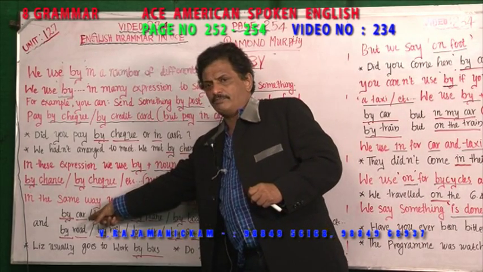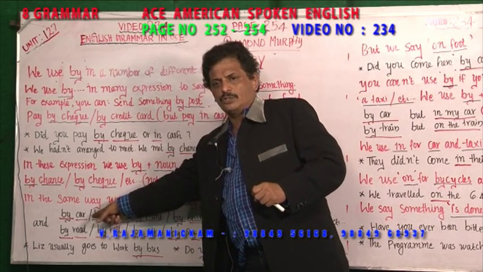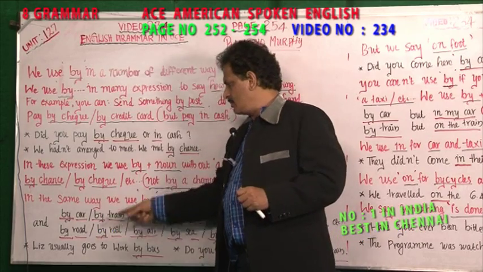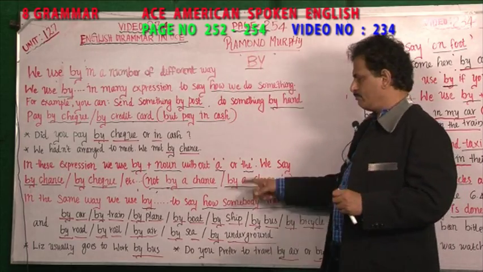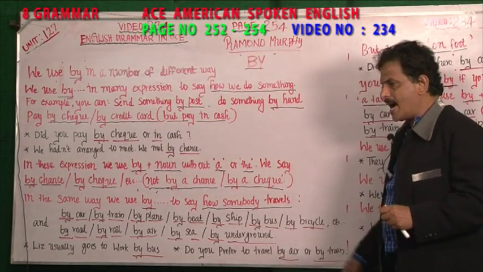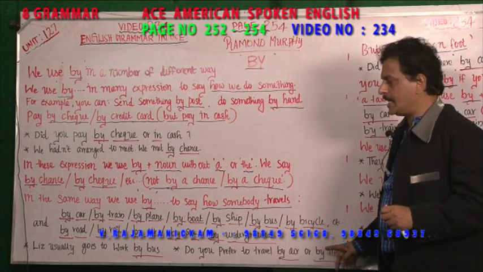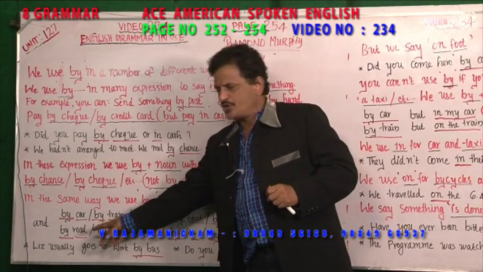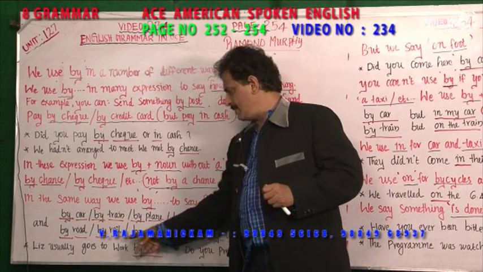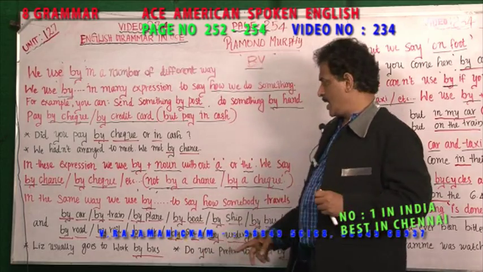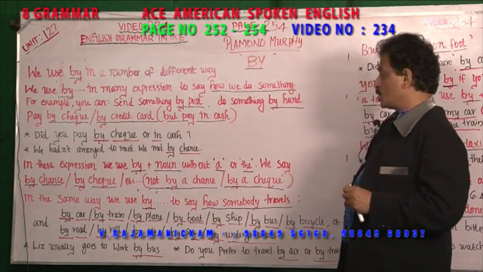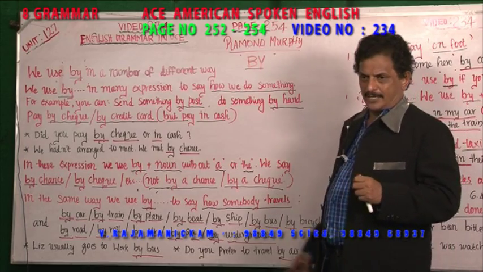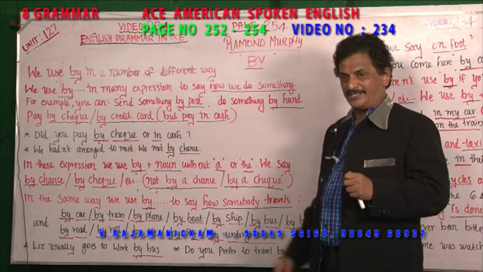She came from Mumbai to Chennai by car, by train, by plane, by boat, by ship, by bus, by bicycle, by road, by rail, by air, and by sea, by underground. So "by" for traveling, by underground.